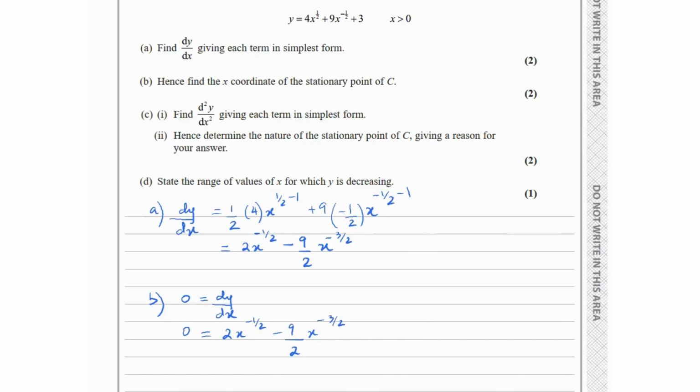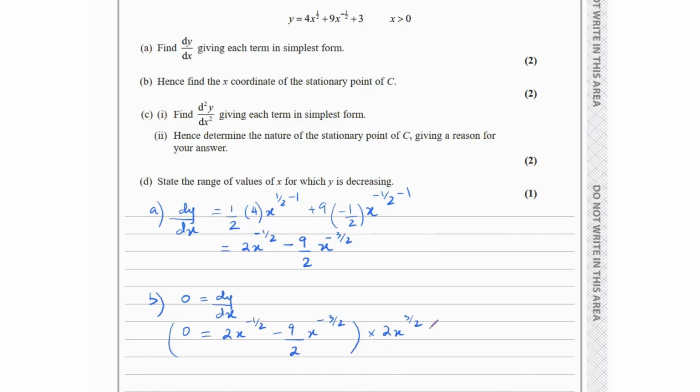I'm going to multiply the entire equation by 2x to the power of 3 over 2. Why? This will help us in getting rid of the fraction in the coefficient and the power. Because negative 1 over 2 plus 3 over 2 is going to be 1, and negative 3 over 2 plus 3 over 2 is going to be 0.